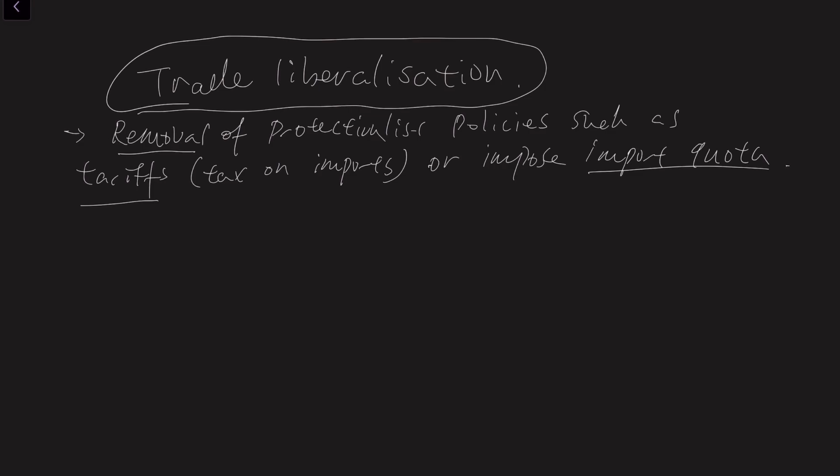So if the car is worth $20,000, the tax would also be $20,000. So the price to consumers, instead of 20,000, becomes 40,000. So that's how tariffs can decrease the attractiveness of foreign-made goods and services.